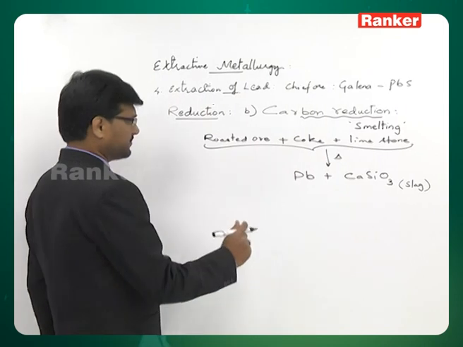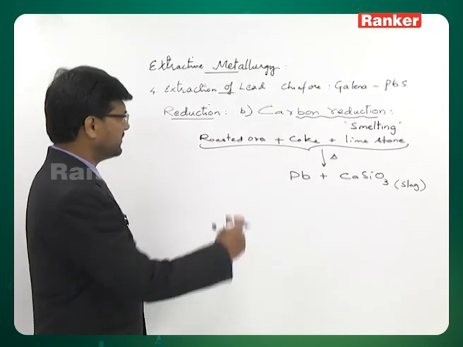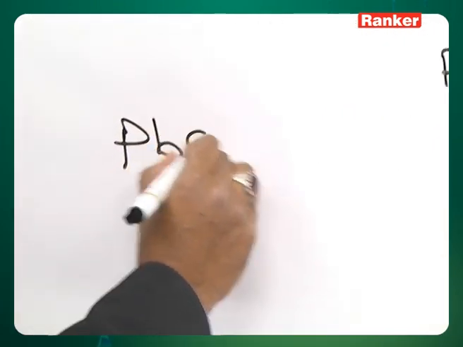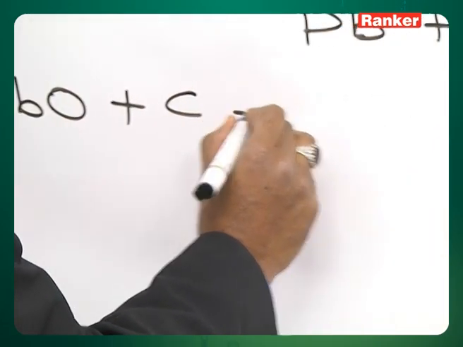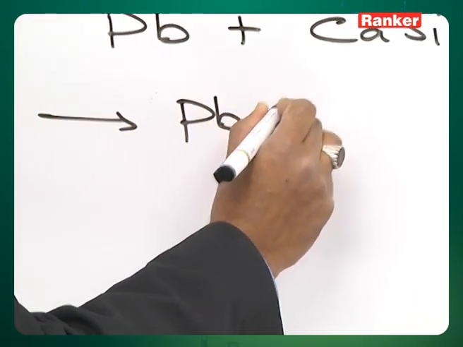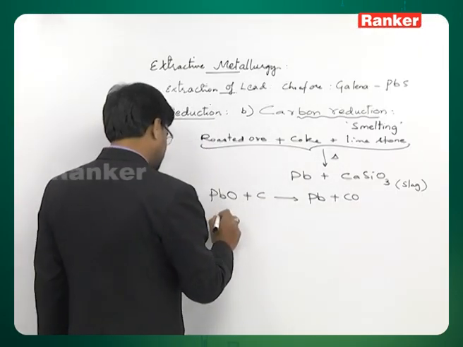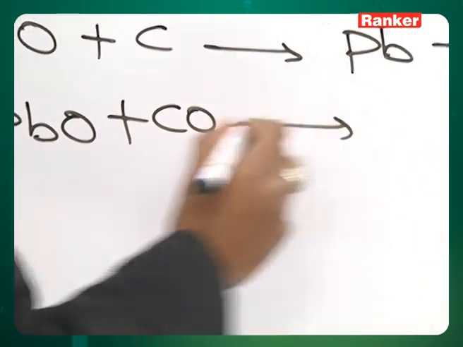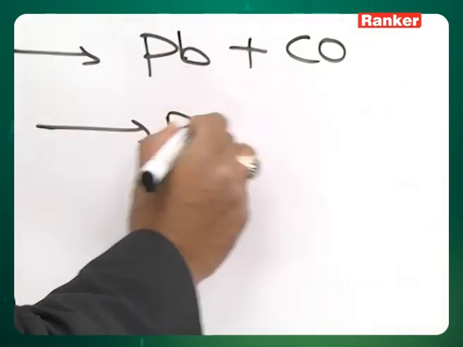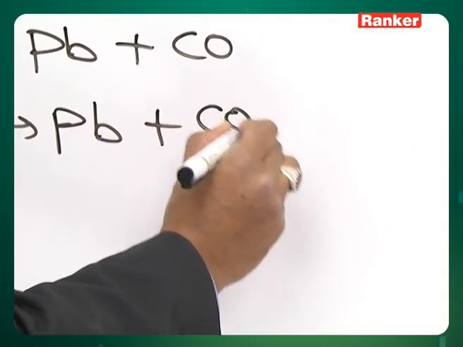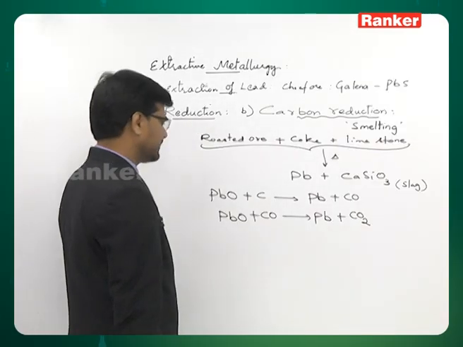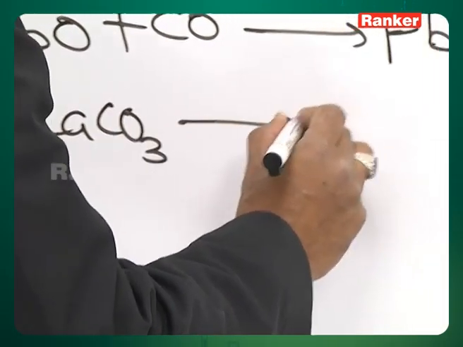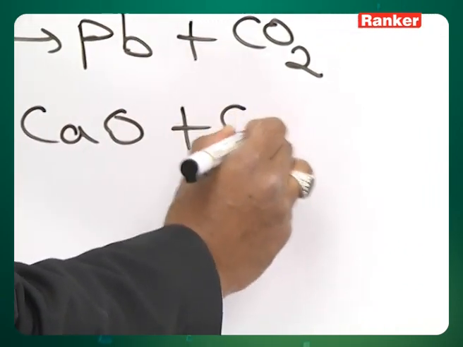Let us see the reactions which take place during carbon reduction. This is one type of reaction which is possible, PbO plus C gives Pb plus CO. Apart from this, PbO may also get reduced by carbon monoxide and you get Pb plus CO2. Then the limestone will decompose to give CaO plus CO2.